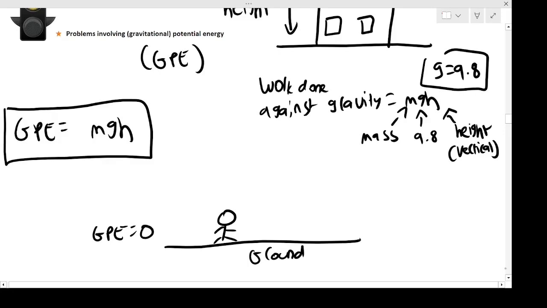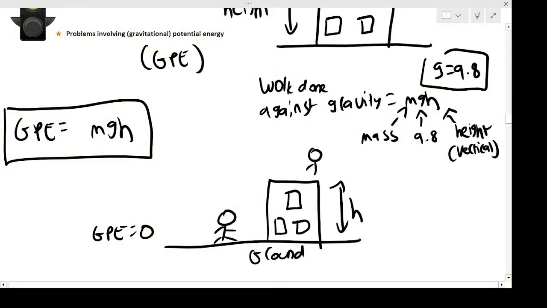However, if you're then on the building, the same building, and the height is h, then your GPE in this instance is going to be mgh. So you gain gravitational energy as you go up, specifically mgh: your mass times g, which is roughly 9.8, times the height that you've gone up.